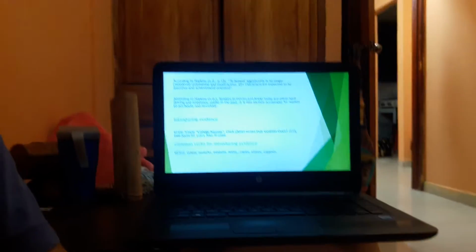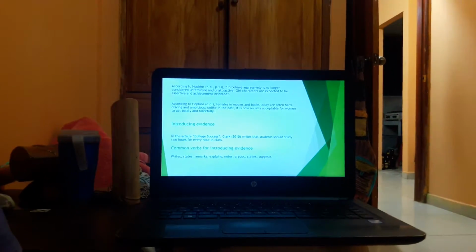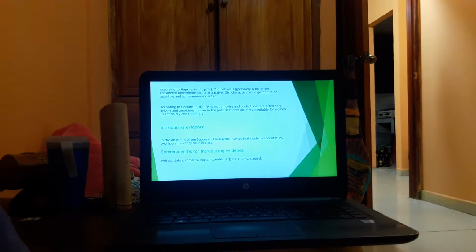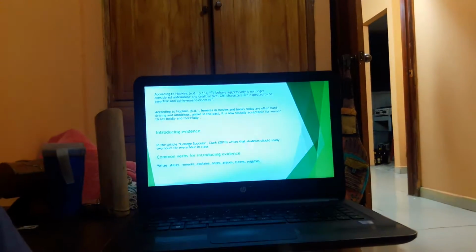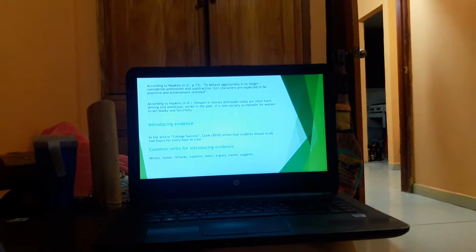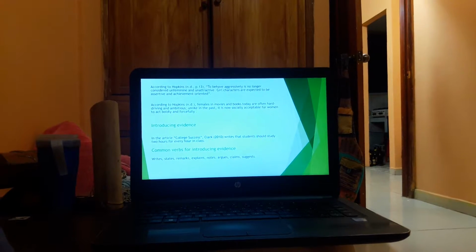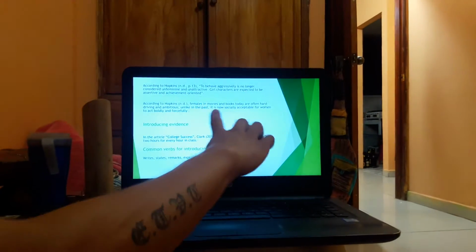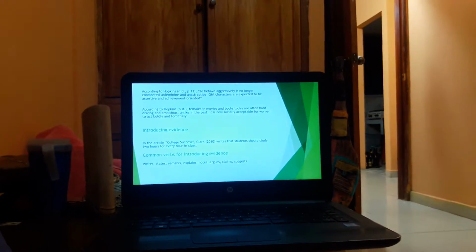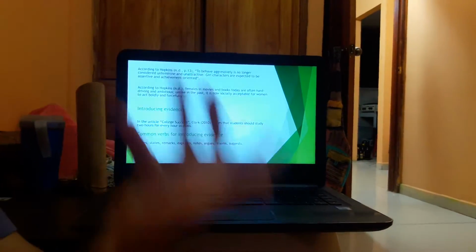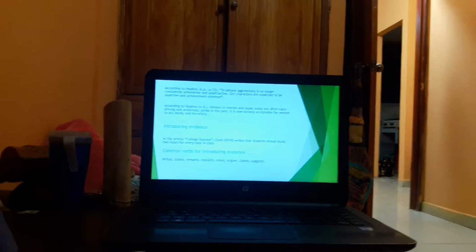The other way to integrate this type of evidence is to add a citation before and then write your evidence with quotes. And finally, if you want to paraphrase, you can paraphrase it in your own words, but you also need to put the name of the author and the year.